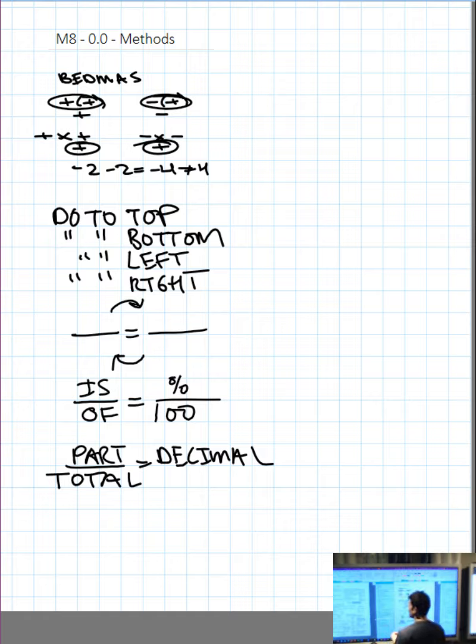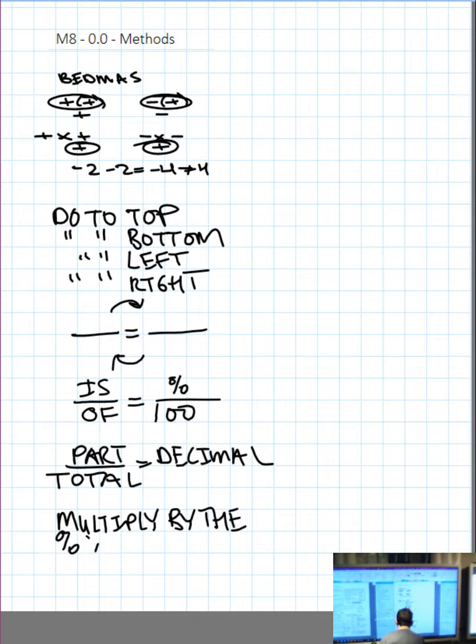Remember, when we're multiplying by percentages, we want to multiply by the percentage you want to be. So if I want to get 10%, I multiply by the decimal of 10%, 0.1.